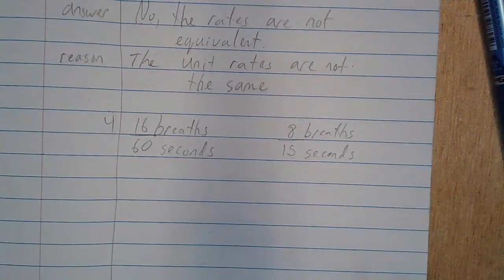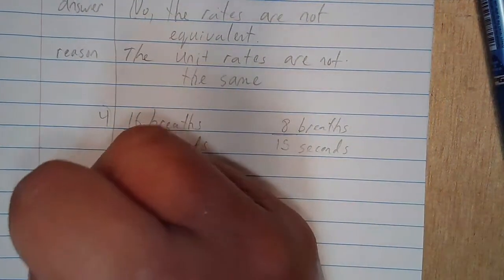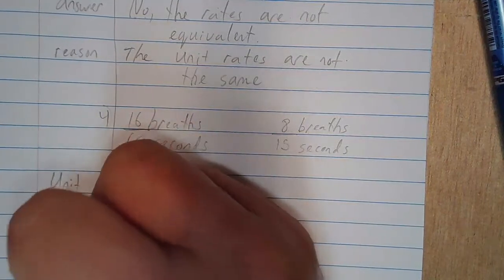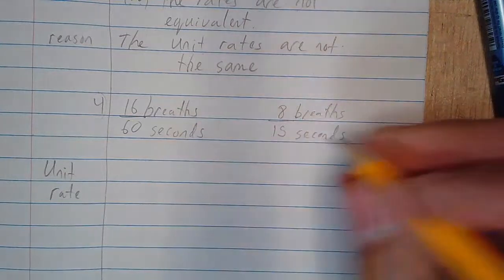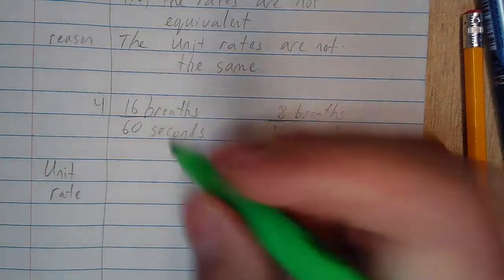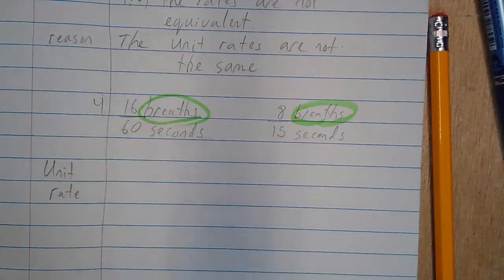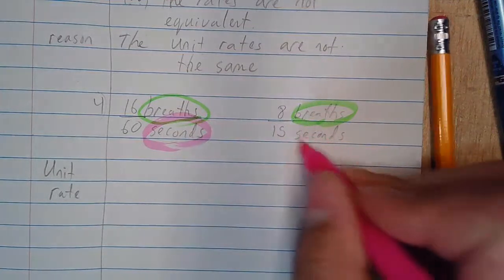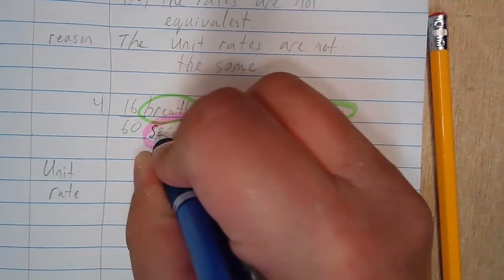Okay. Hoo boy. Let's try the unit rate method. I know I said I was going to do that. Let's see what happens. All right. And by the way, the relationship is breaths per seconds. Okay. And actually darken that so you can see it.